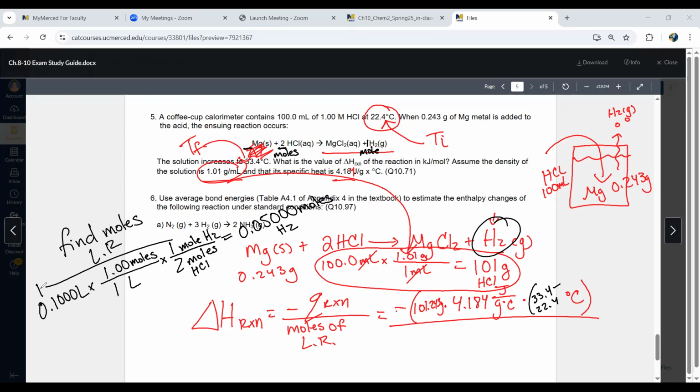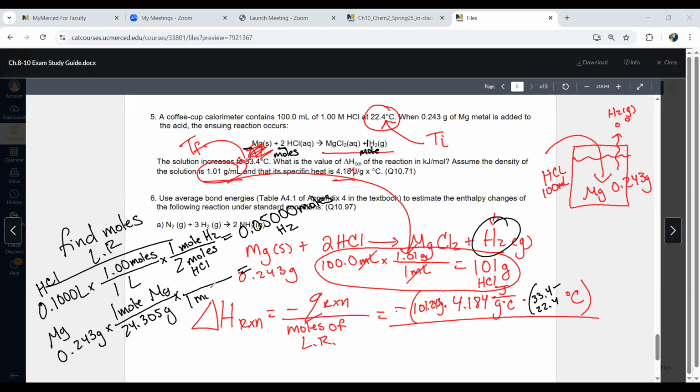So now let's do magnesium to see which one is limiting. Magnesium, we have 0.243 grams, and we need to turn it into moles with the molar mass. And the molar mass of magnesium is 24.305, so 24.305 gram per 1 mole of magnesium. And then I'll turn that also into hydrogen.